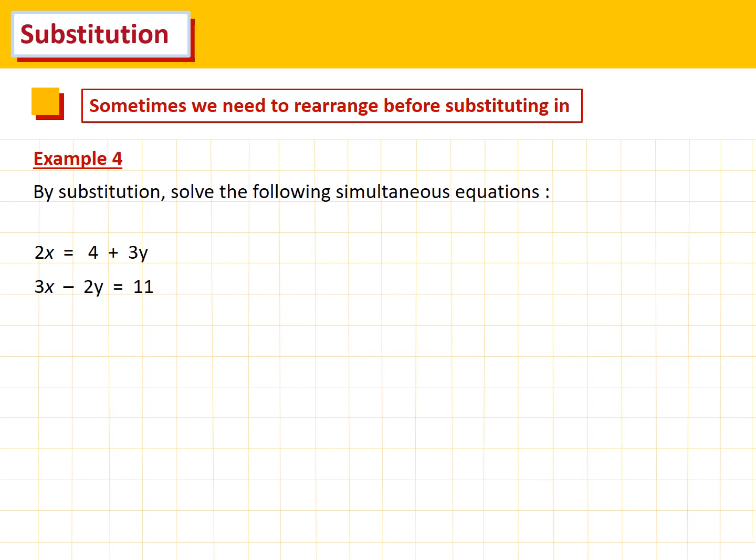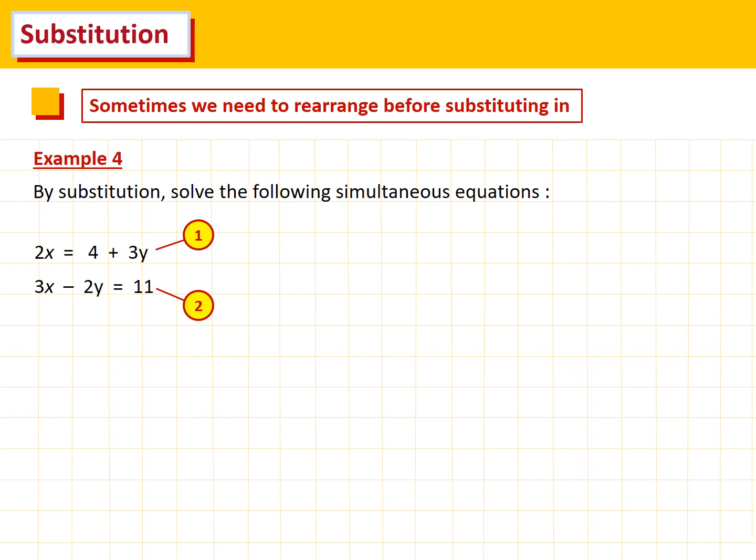Sometimes our rearrangement can be a little bit complicated. You might, in this example, actually not use substitution for this, but I'm just going to show you a more difficult example using substitution. The steps are the same. We label the equations 1 and 2.